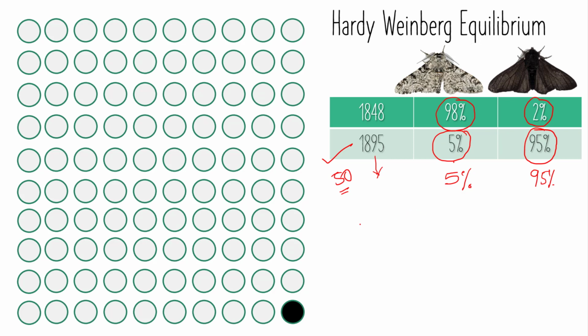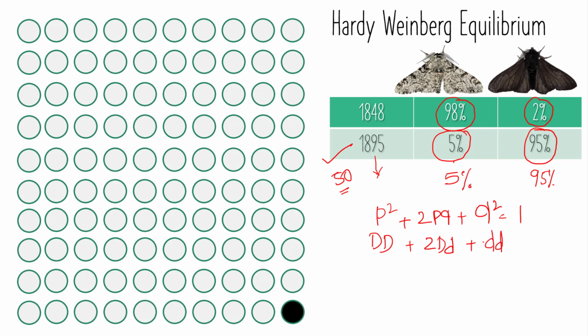When we also calculate the allelic frequency of the 1895 situation, here also you can say that p square plus 2pq plus q square is equal to 1. This stands for capital D capital D, this stands for 2 capital D small d, and this stands for small d small d.